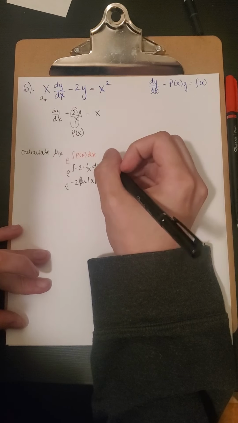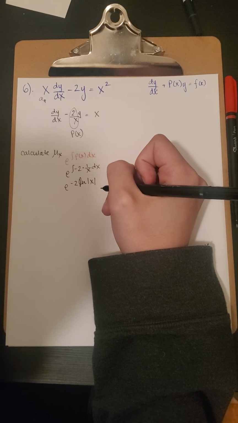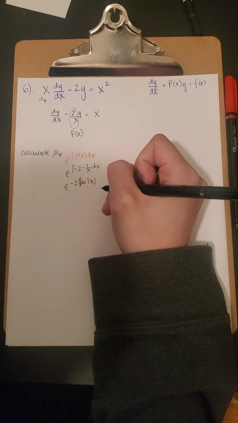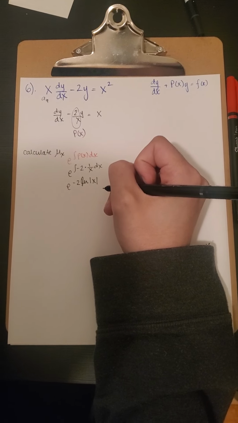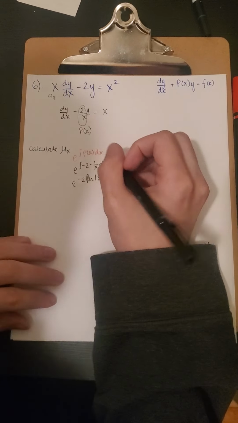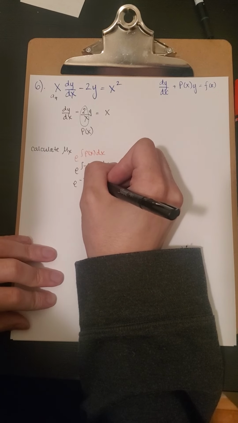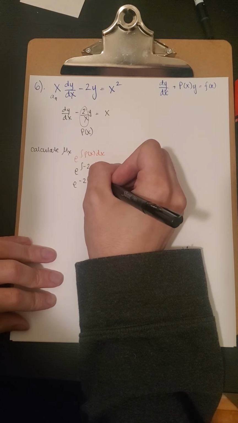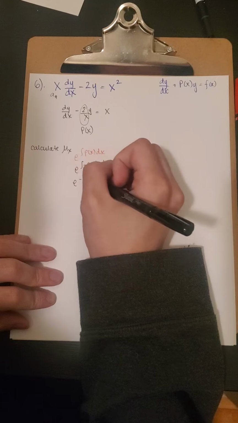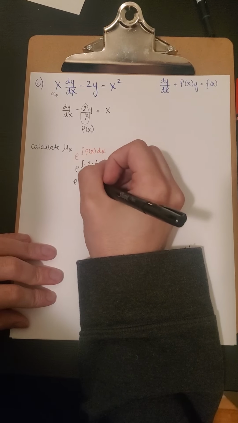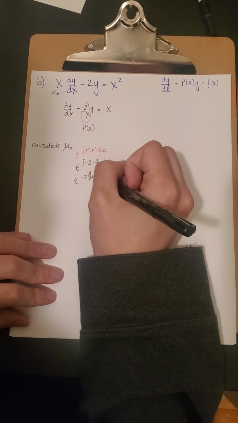Okay, and this part kind of tricked me up a little bit when I first saw it. I was a little confused by an e raised to the ln of x, but then I learned through the video that there is a log rule.